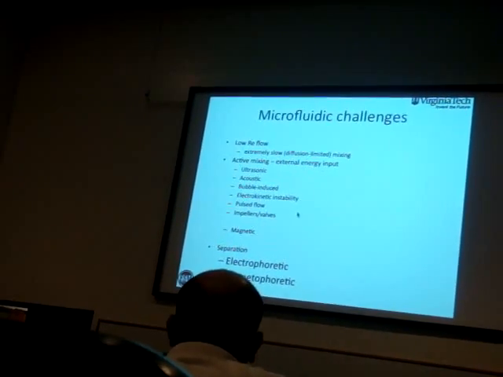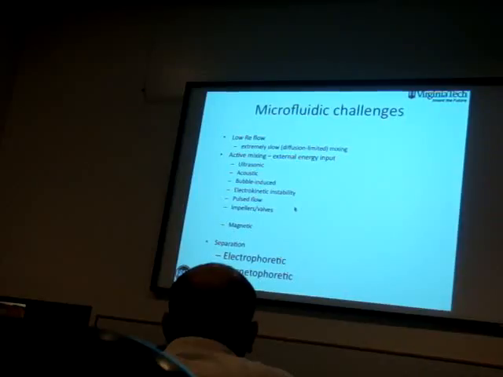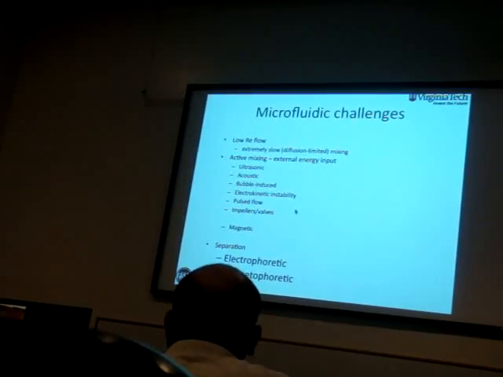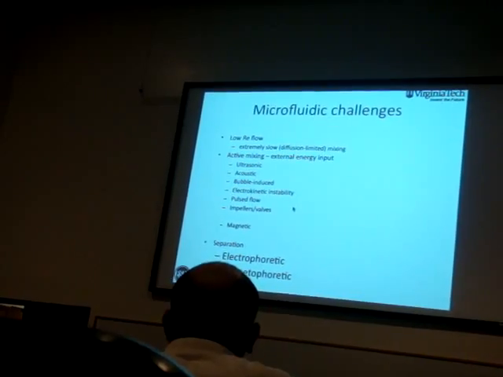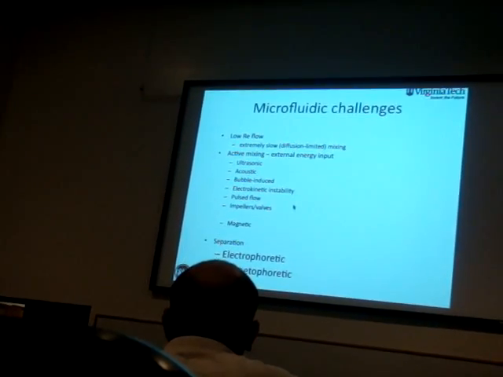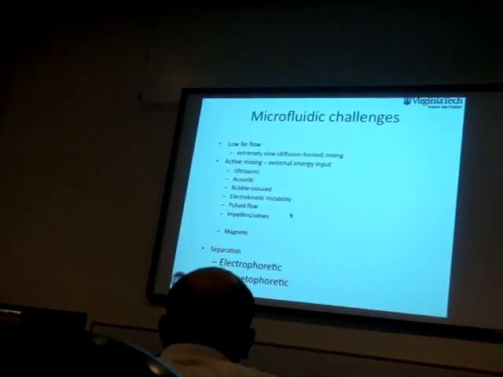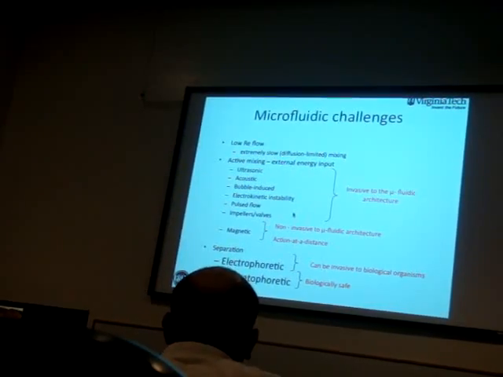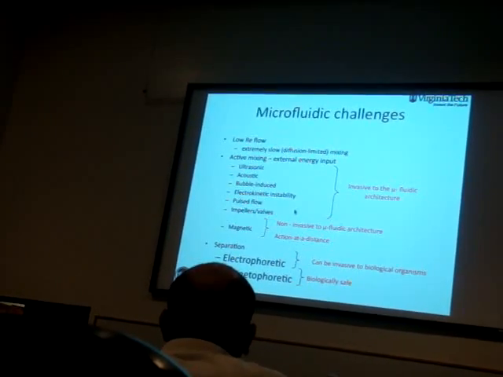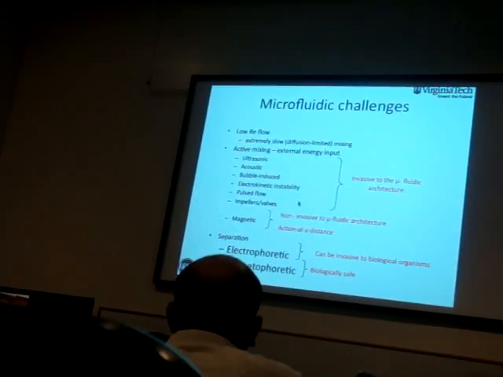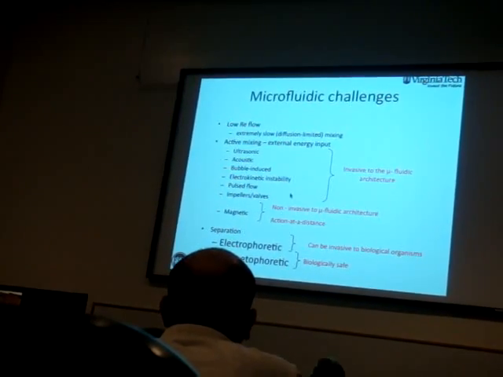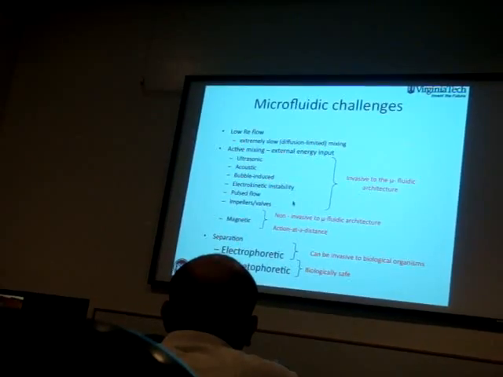So the challenges of microfluidics are that if you want mixing, it's got very low Reynolds numbers flow, and so the strategies are active mixing or passive mixing. So generally, when you look at the most active mixing devices, like ultrasonic, acoustic, bubble-induced, electrokinetic, they are invasive to the microfluidic architecture.